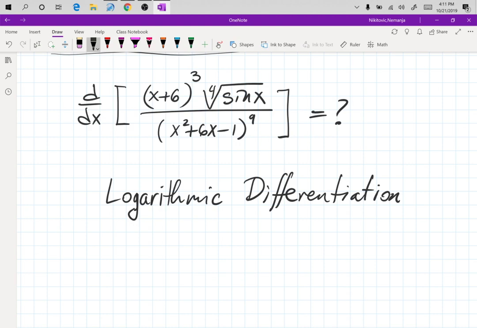Logarithmic differentiation is a procedure that you learn and you grind through it to show the way it's done. But once you see the pattern between the answer and the problem, you can actually memorize the pattern, and that's where the mental derivatives kick in.